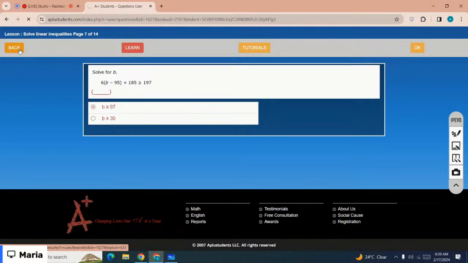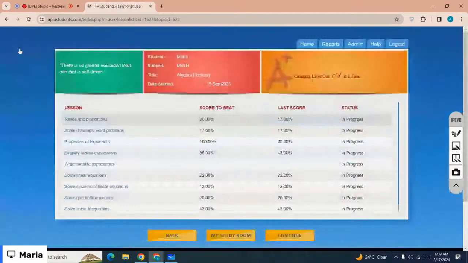So we were working on grade 10 math. The chapter we were working on is algebra, and the lessons we have covered today are solve linear equations, solve systems of linear equations, solve quadratic equations, and solve linear inequalities, right?